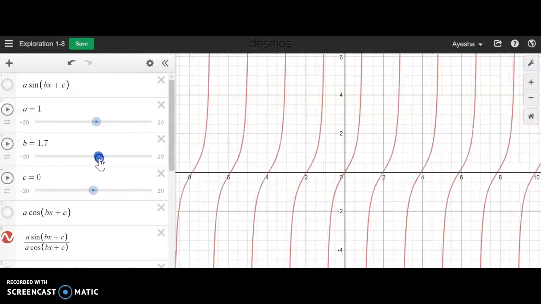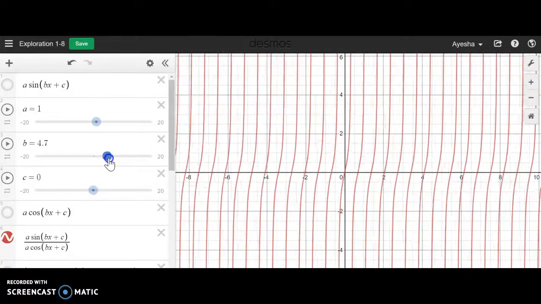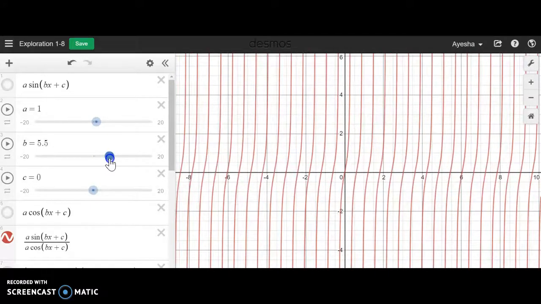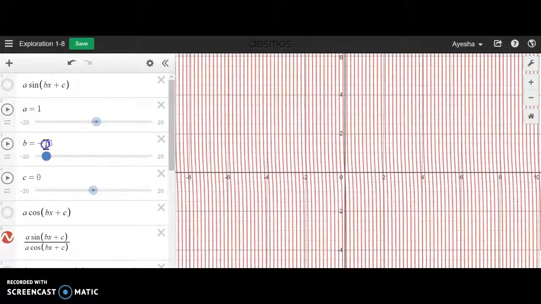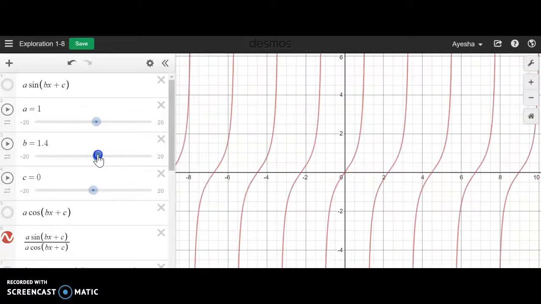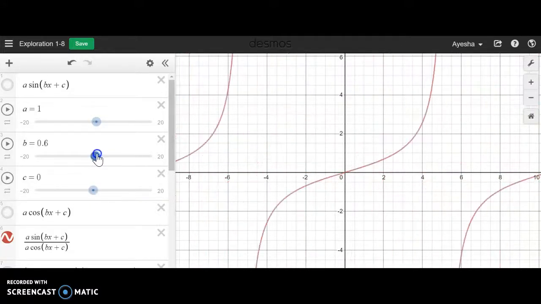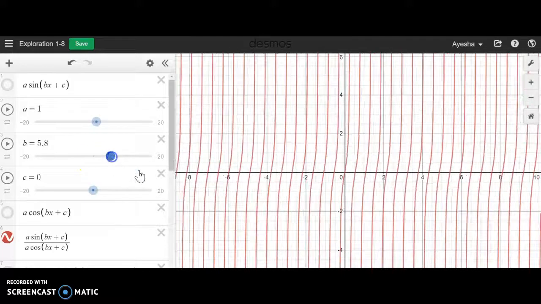So it looks like when we increase the number for b, the asymptotes are definitely getting closer together, which just means that the non-asymptotic pieces of the graph, or the space between them, is shrinking.